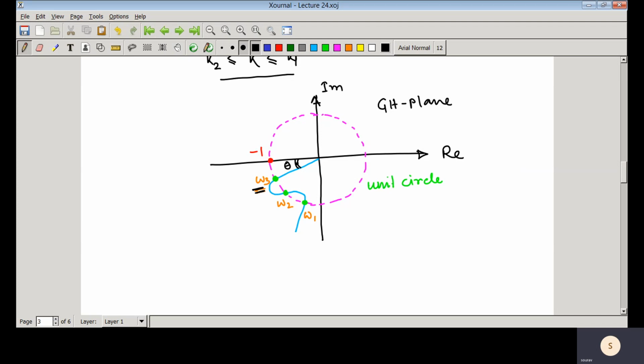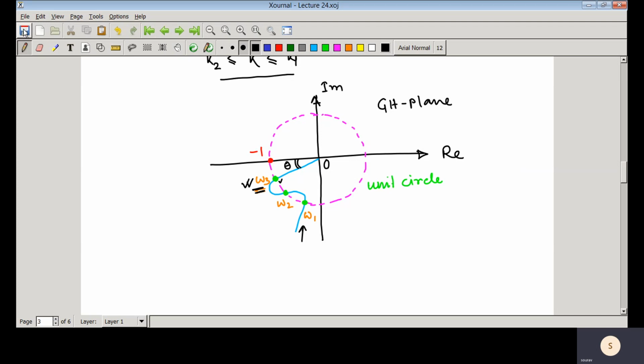Whenever you have multiple gain crossover frequencies, where it cuts the unit circle, we need to consider the highest frequency. Here the frequency is increasing like this, and as omega tends to infinity, it comes to 0. So omega 3 is the highest frequency, which is closer to the critical point. At that point we will calculate the phase margin, and it gives you the relative stability information.